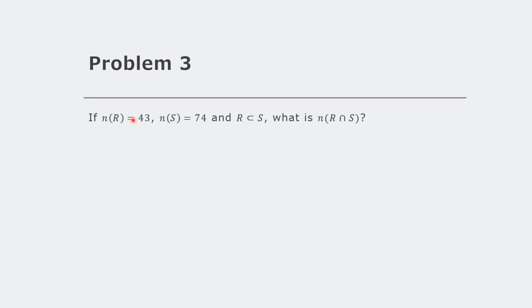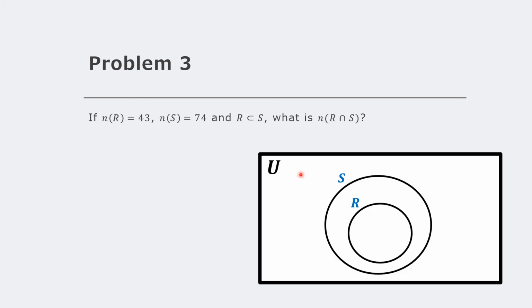Another problem here is that if the cardinality of R is equal to 43 and the cardinality of S is 74, and R is a subset of S, then what is the cardinality of R intersection S? Now, it's better to look at it in this manner, that we do have a Venn diagram. So S is the bigger circle and R is a smaller circle because R is a subset of S, so therefore it's inside.